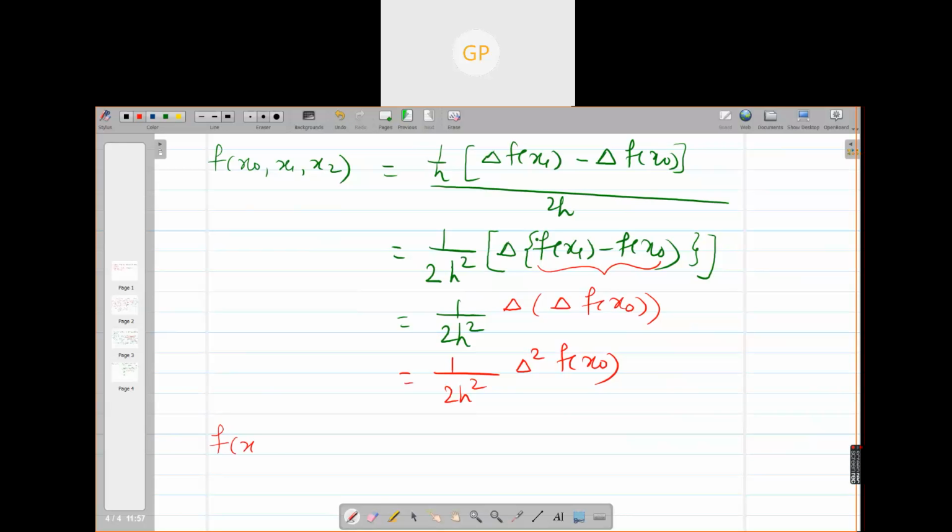Can you find f x0, x1, x2, x3? Write Newton's formula first.